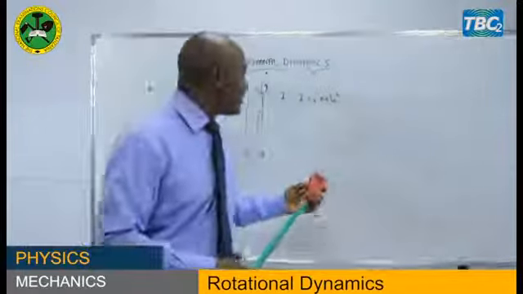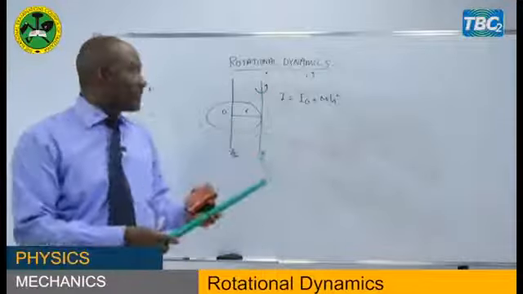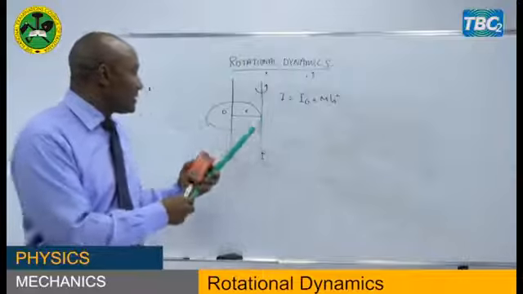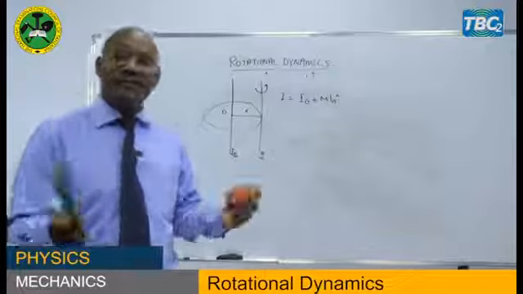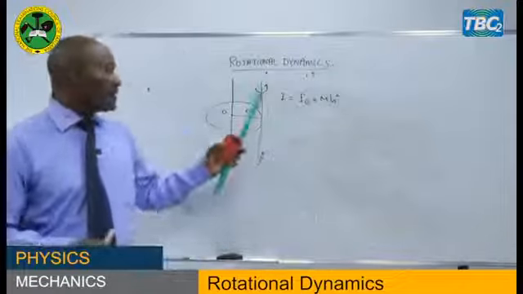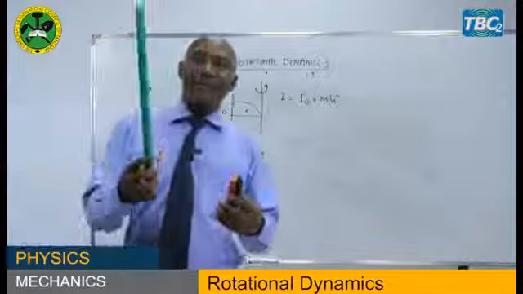You are looking for the moment of inertia about an axis passing through the end of this disk. Since the two axes are parallel to each other, most students confuse it, thinking they are supposed to apply the perpendicular axis theorem because this axis is perpendicular to the plane.